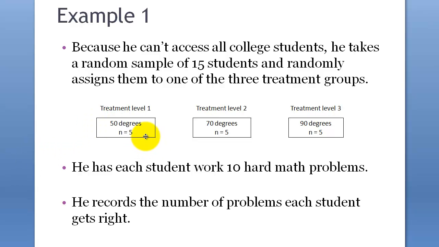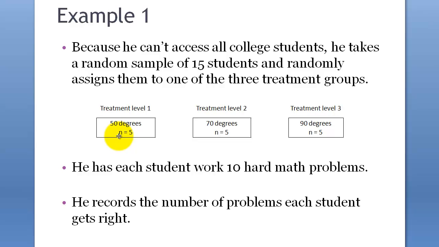And this is a setting. Because we can't compare the populations, there are too many college students in the world, so we use samples. We take 5 people from each sample, each condition.